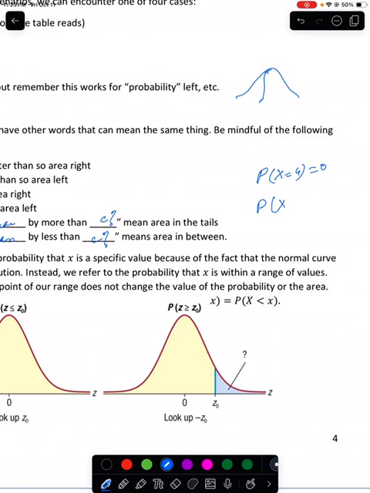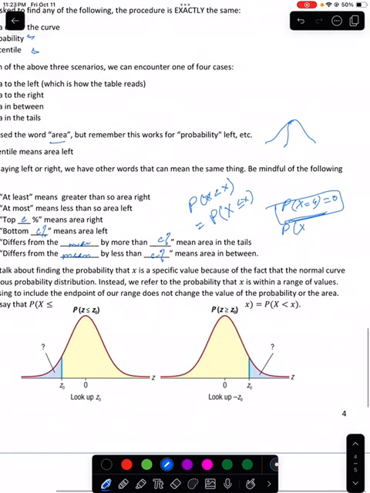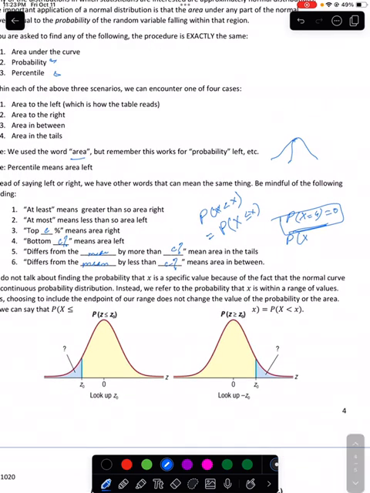Also, in this case, the probability that X is less than little x is the same thing as the probability that Z is less than, so it will be the same as the probability that X is less than or equal to little x. And we can do this because the normal distribution is a continuous distribution.